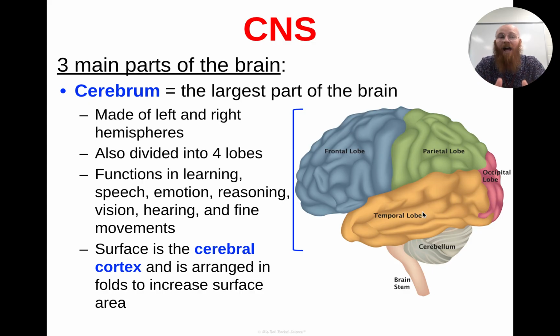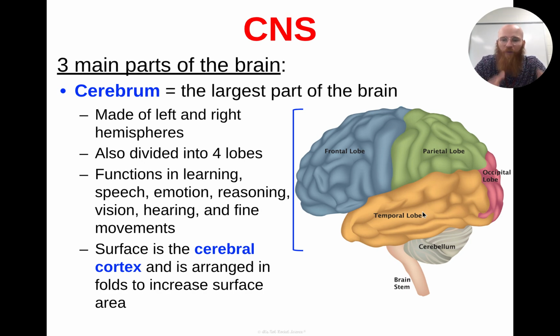There is a lot that this area of the brain in these various lobes is responsible for. And so we're going to further break down what each of these lobes do in terms of what they contribute. And this will make a lot more sense whenever we do our deeper dive into the brain moving forward.